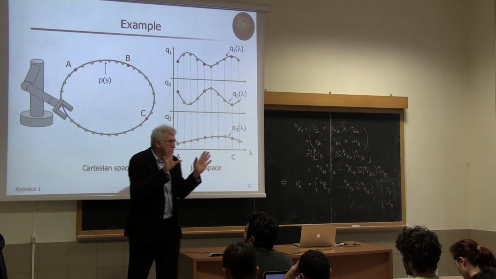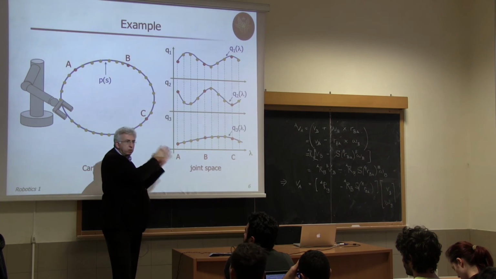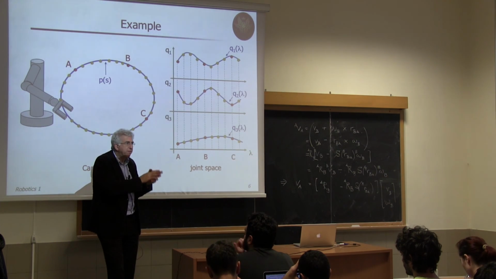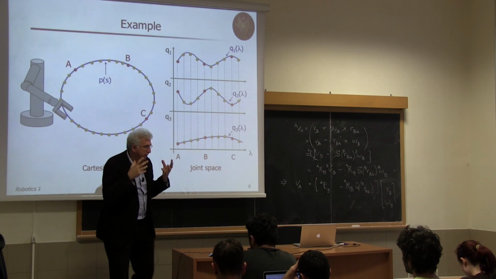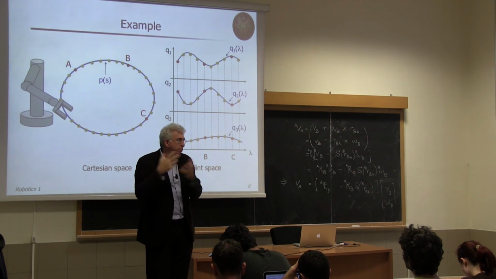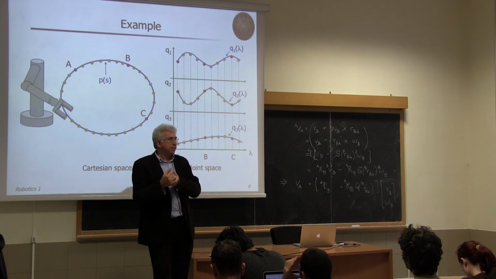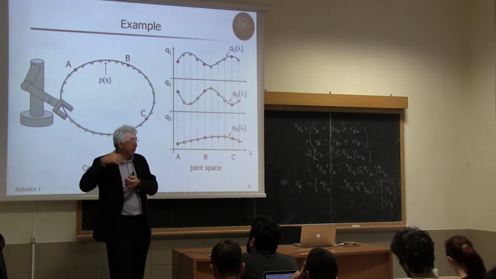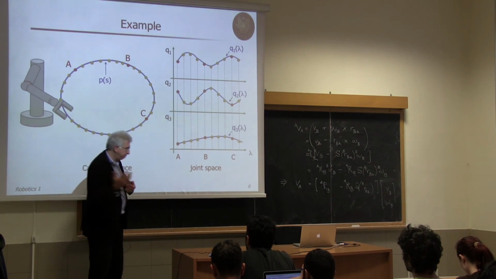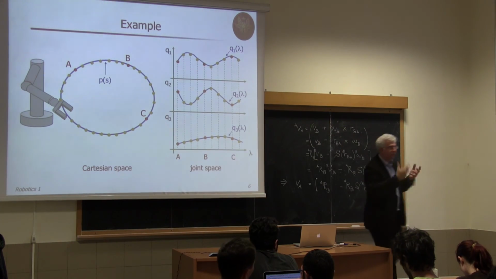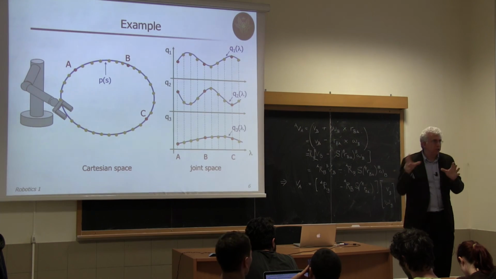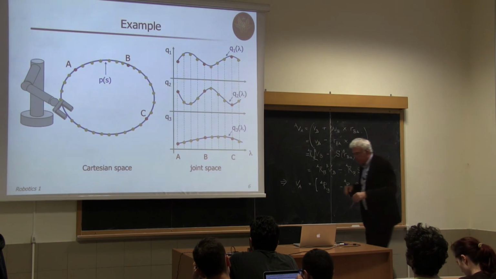So I have only tangents to path in the Cartesian space or in the joint space. I don't have still a timing, so I cannot speak strictly about velocity. I can speak of derivative with respect to the path parameter, not with respect to the time parameter. Okay? So bear with me if sometimes I say velocity instead of tangent to the path. And it depends on the context, again.